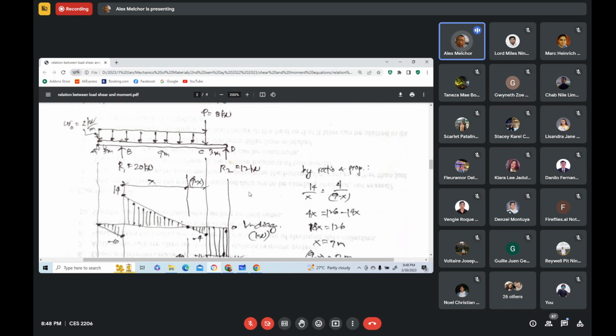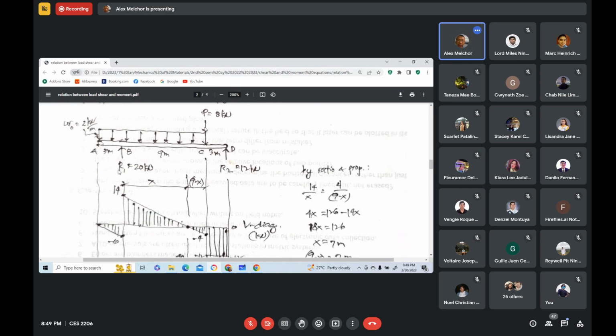So this is a cantilever beam. In this case, we have this loading, a combination of rectangular loading and concentrated load. The intensity of this rectangular loading is 2 kilonewtons per meter. The intensity of this load is 8 kilonewtons.